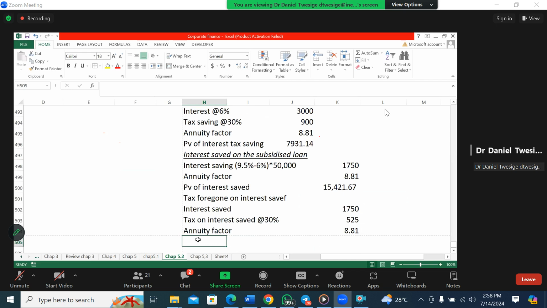So our PV of tax foregone on interest saving will be this times this.